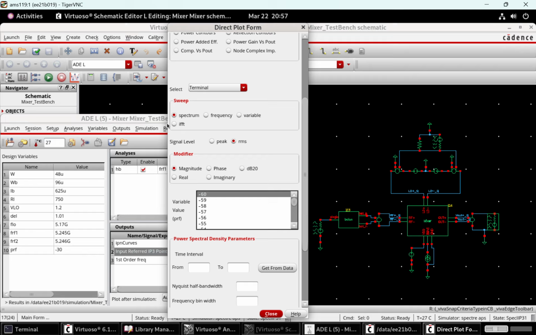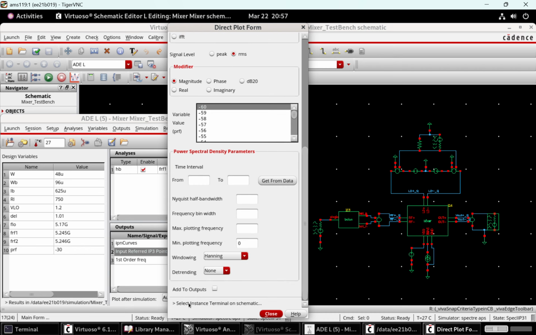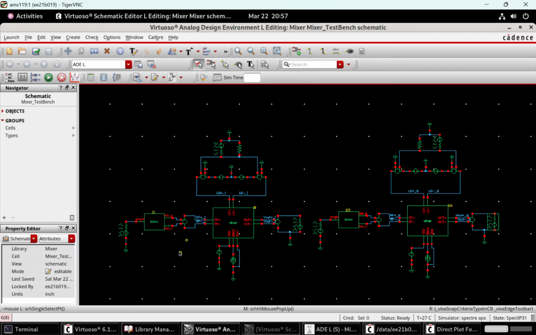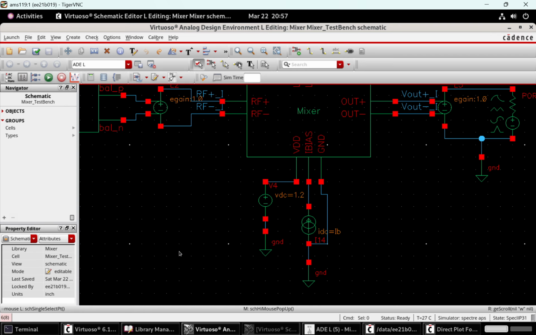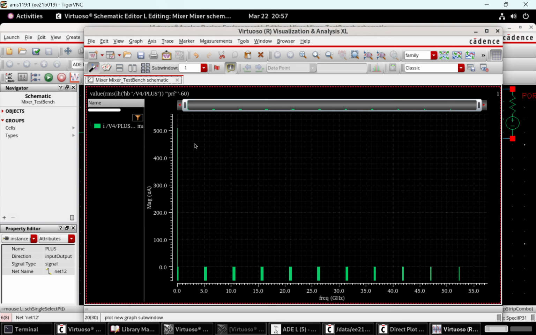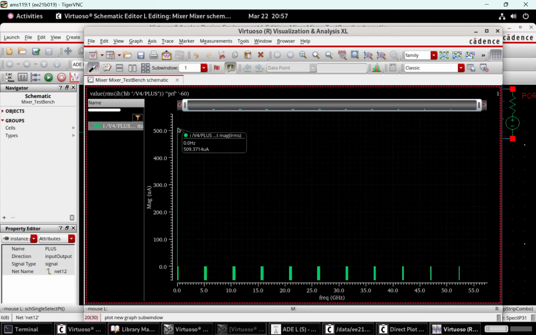So set this to spectrum, peak, RMS and magnitude, and then you need to select the terminal. So this is the power. The DC value is the power. So about 509 microamperes is supplied. Twice of this is supplied because almost the similar current will flow through the Q branch as well.